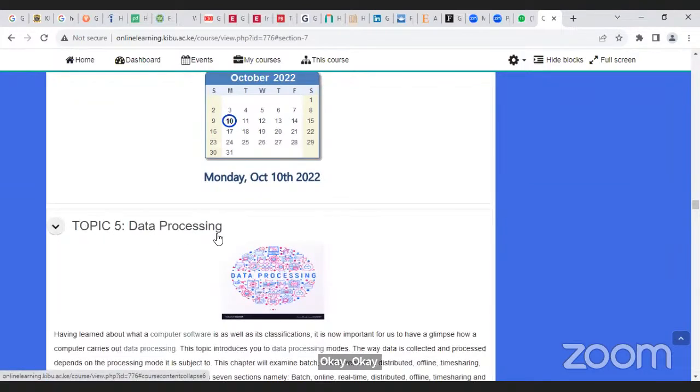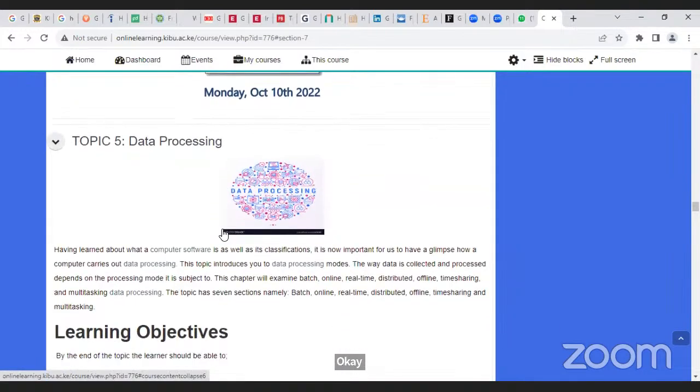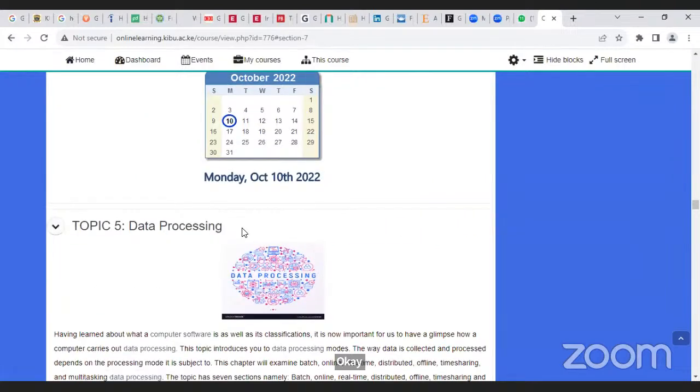That's topic 5. So go through topic 5 so that when we meet next week, we shall just discuss it the way we have discussed today.